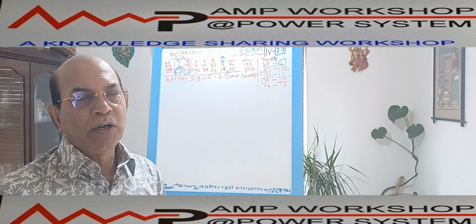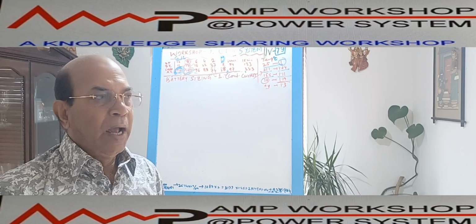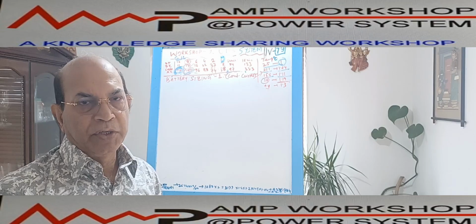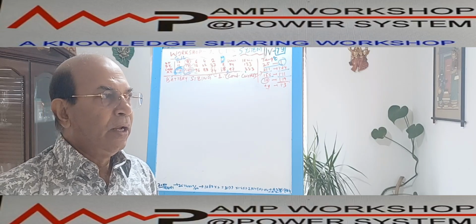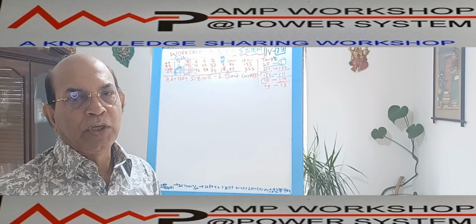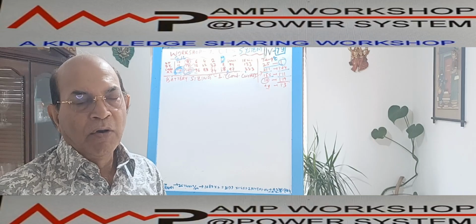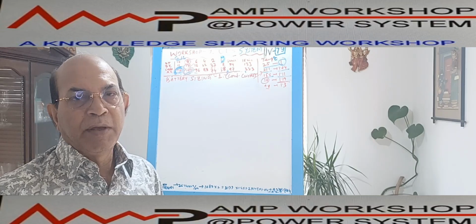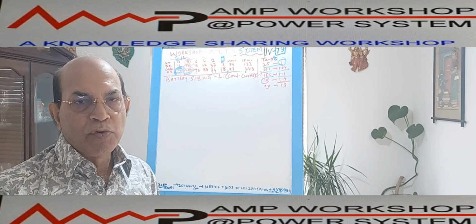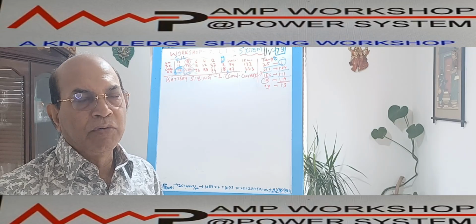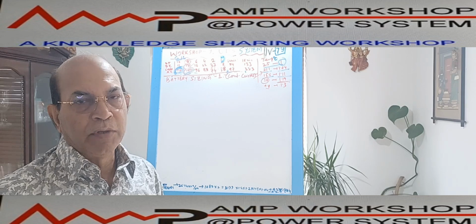In that case, we need not add water regularly, and there is a regulated valve on the battery. If the battery is subjected to vigorous discharge or charging, like boost charging, or if the chemical reaction takes place very vigorously, it may produce hydrogen at a level which cannot be completely combined with the oxygen.